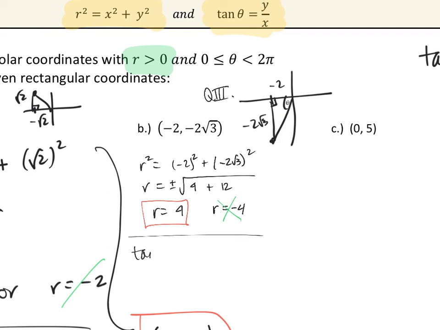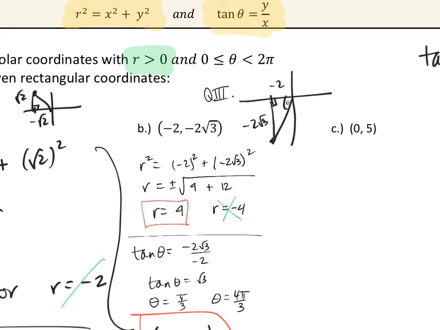Okay, now let's sneak up on our theta. Tangent of theta is y over x. So y is negative 2 root 3 over x, which is negative 2. So that gives us that tangent of theta is square root of 3. And that happens, oh, where does that happen at? It's positive square root of 3. So it would be pi over 3, or theta equals 4 pi over 3.